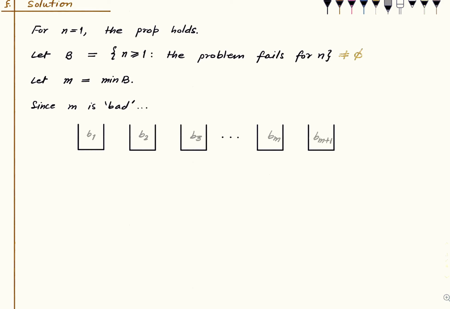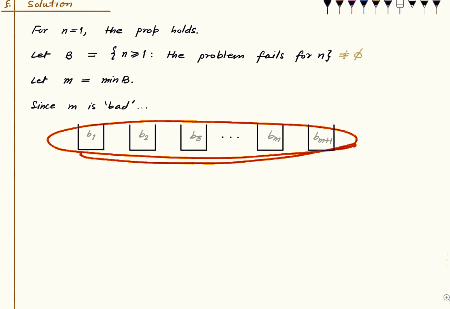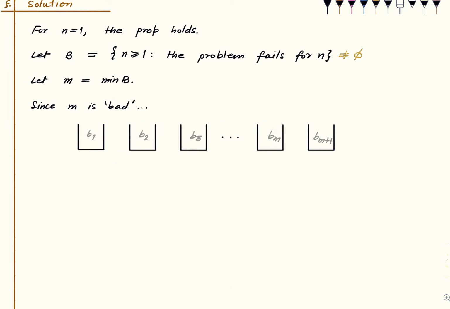Okay, so some initial configuration has been given such that no matter how you pick M bins at a time and add one ball to each of them, you will never be able to equalize. So since M is bad, this just means that this is a bad configuration of balls. You cannot possibly equalize.